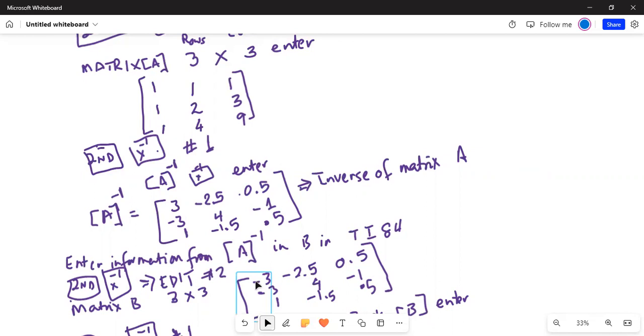First line, this one should not be minus 3. So I have to remove that. Let me go to the pen, go to the eraser, and remove that minus 3. So it should be plain 3. The rest of the information is correct.